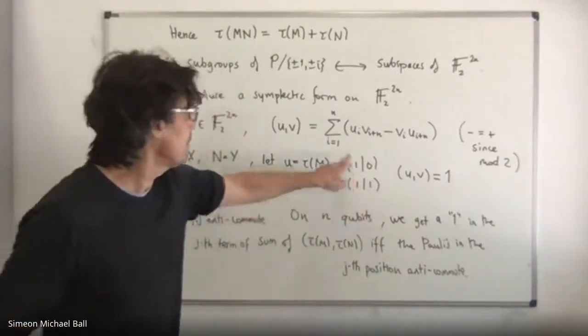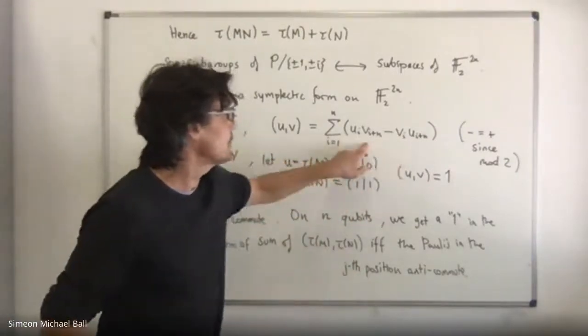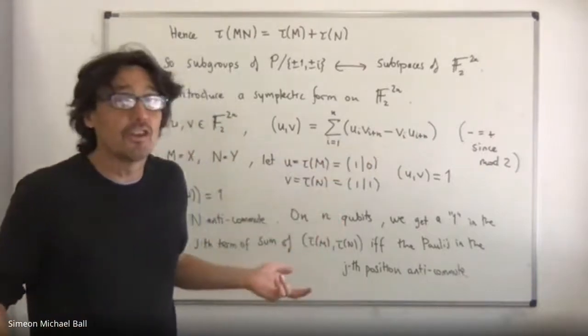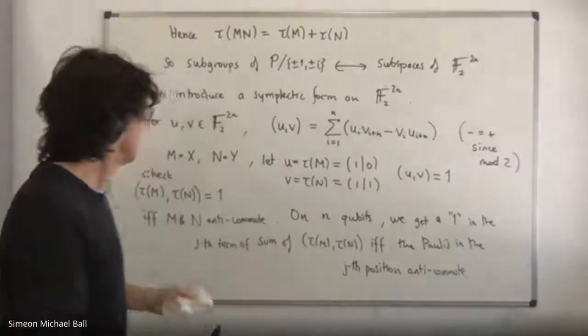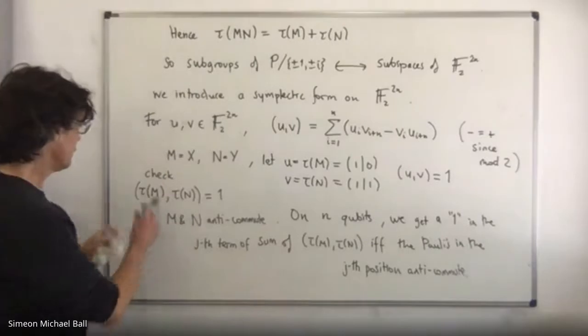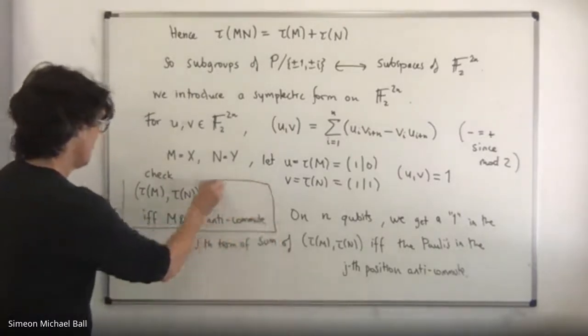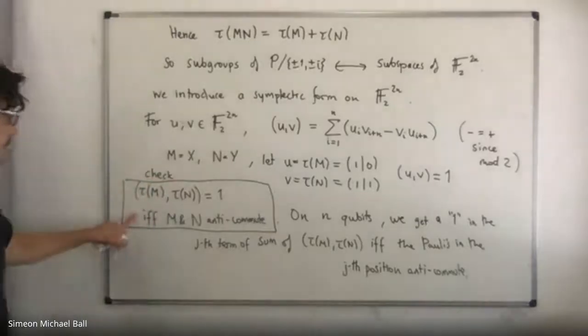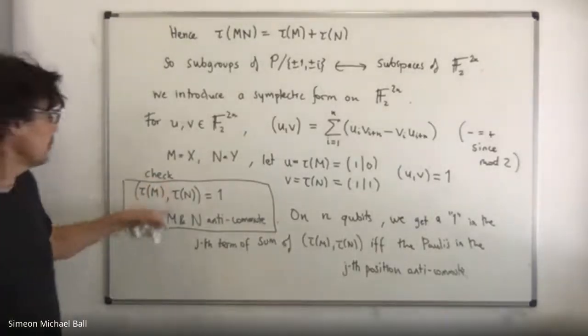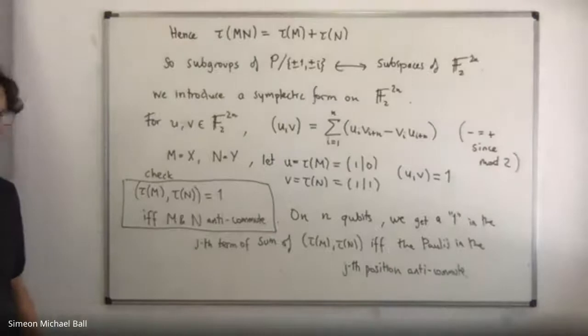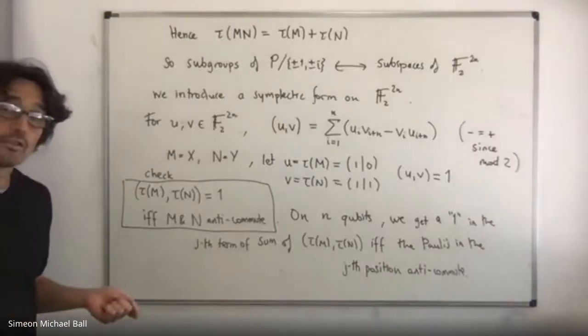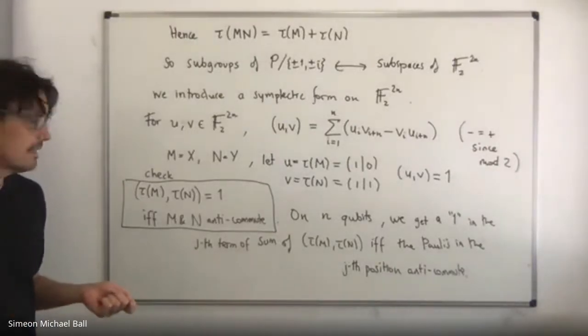But this is all elements in F2, so an even number is just 0 and an odd number is just 1. So in fact, I have proved that this is true. This is always true, whether we want 1 qubit or n qubits, because everything's 1 and 2. Do you see that?